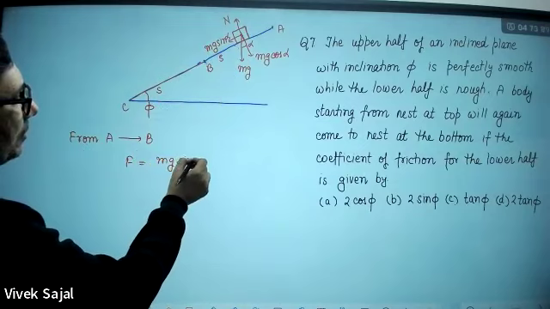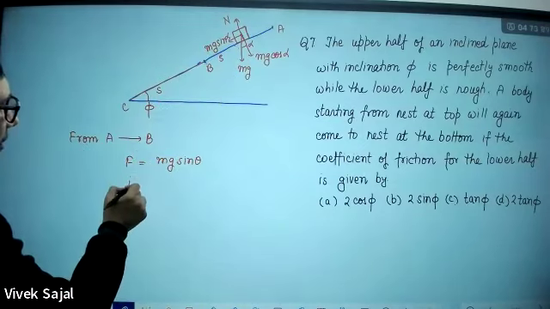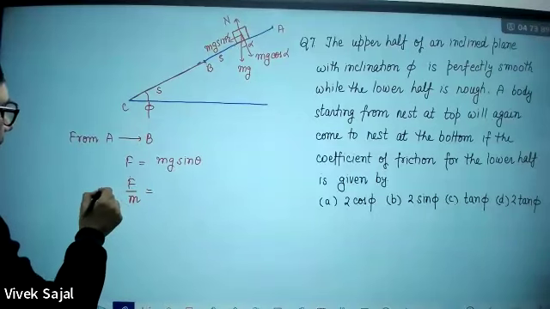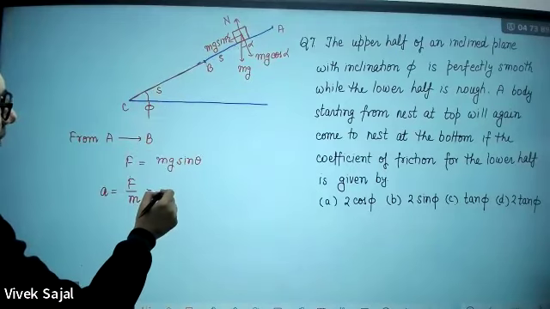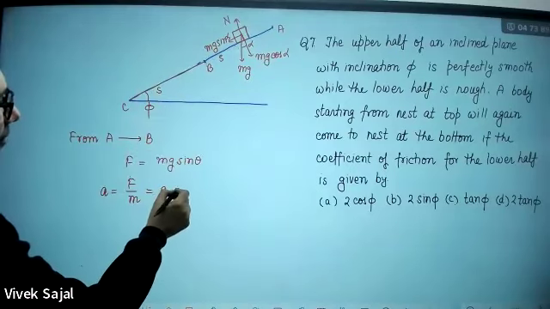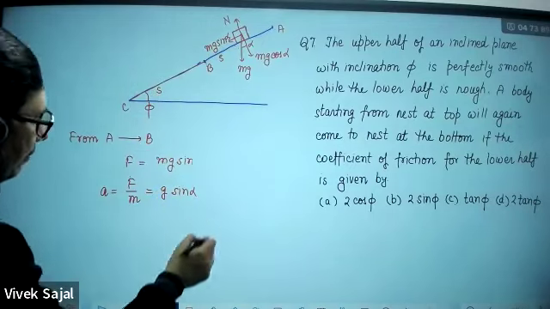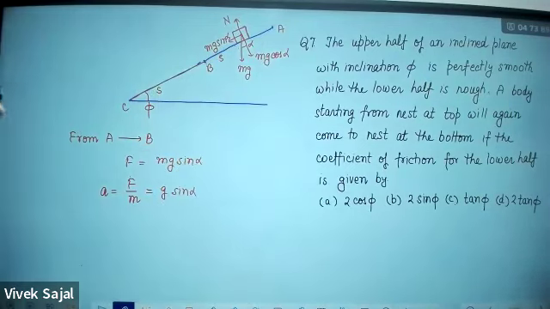No friction force is there. So if I bring the mass here, this will be F by M, and that will be the acceleration along this inclined surface. This will be g sin alpha. So this will be the acceleration here.